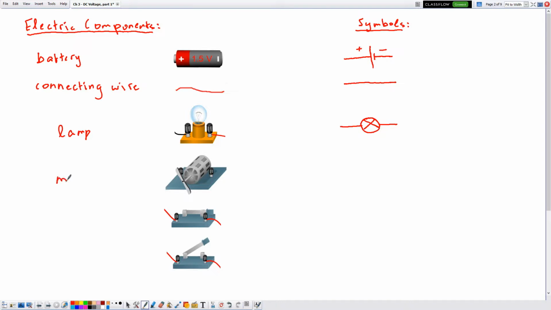As for the motor, the letter M stands for motor.